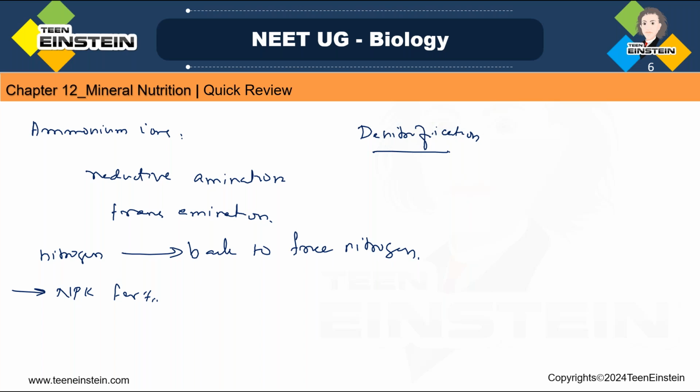So these are the main points which you need to learn in this chapter. The important thing is nitrogen fixation. Nitrogen fixation means atmospheric nitrogen, which is in the inert form, gets fixed. Biological nitrogen fixation takes place, industrial fixation is there, electrical fixation is there.